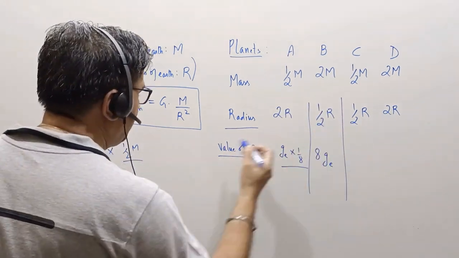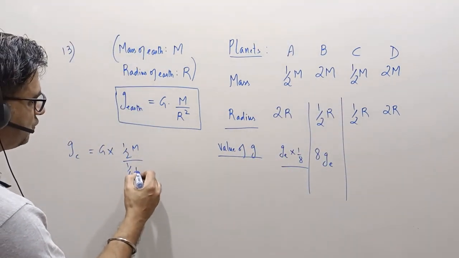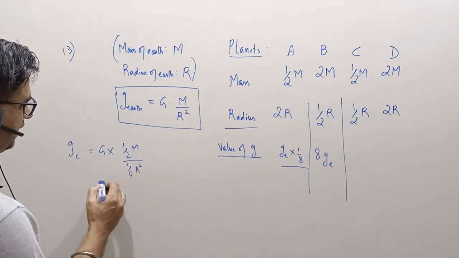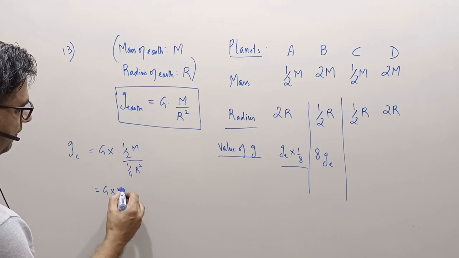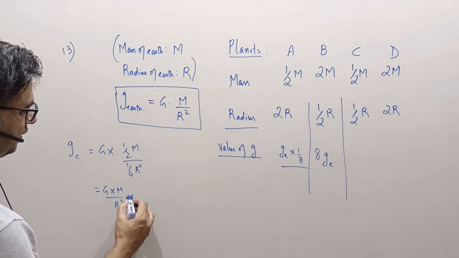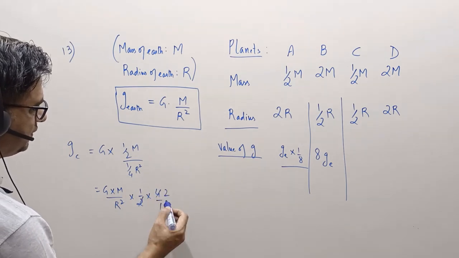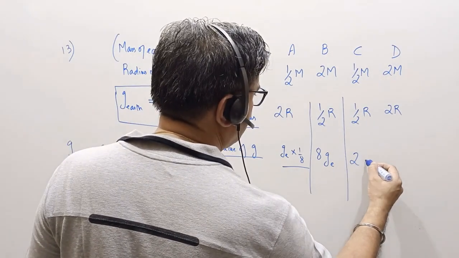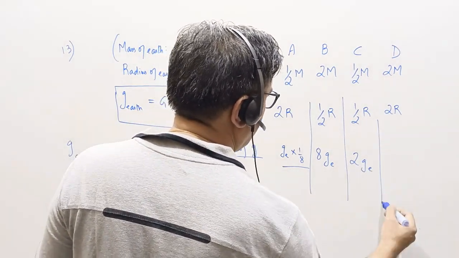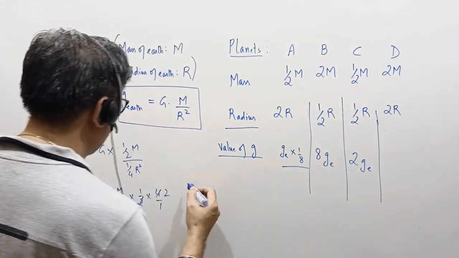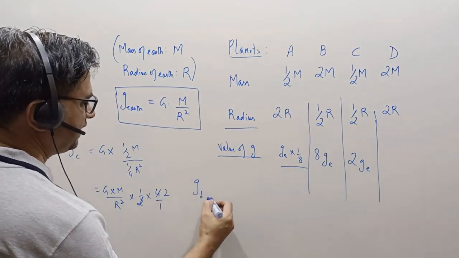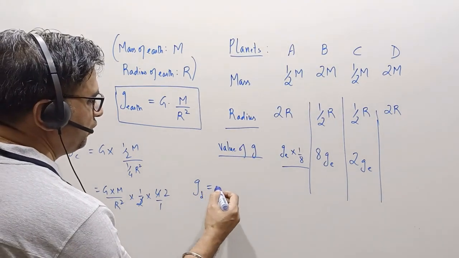So when squared, this becomes 1 by 4 r square. So this will come to g into m by r square into 1 by 2 into 4 by 1. So this comes to twice of g E.